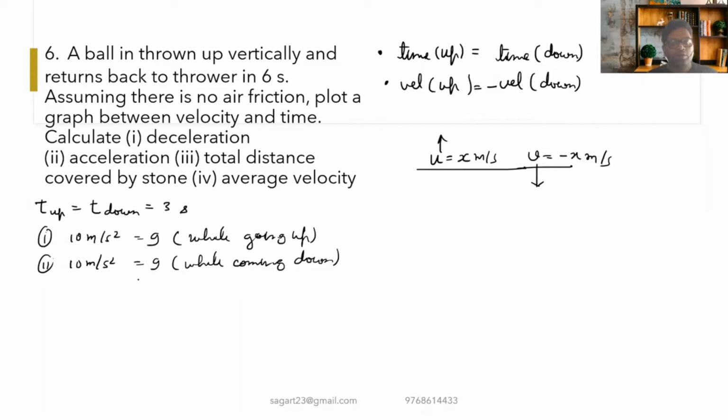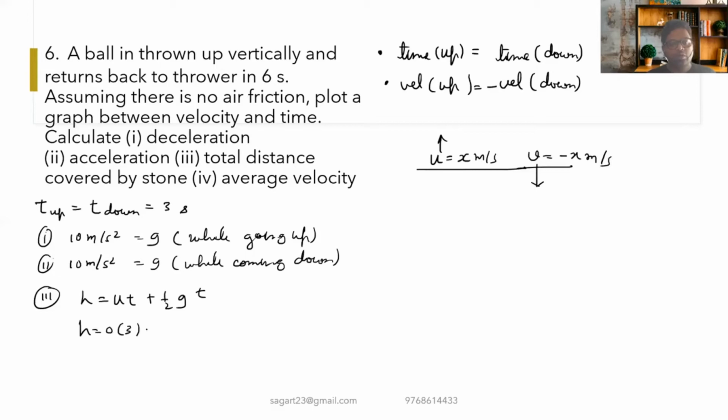Okay, now what is the total distance covered? So this is the point. Now we have S is equal to UT plus half AT square, or I can write it as H over here and G over here.